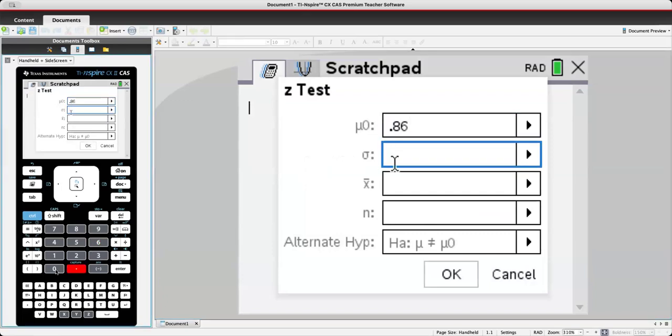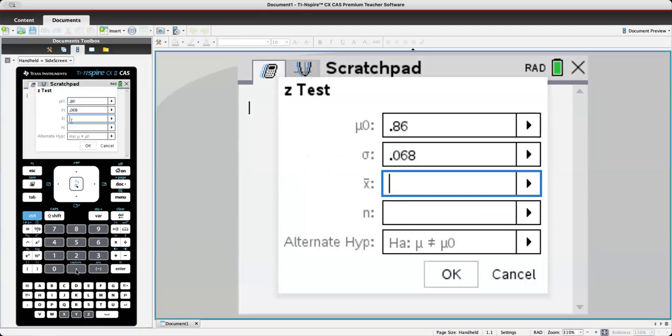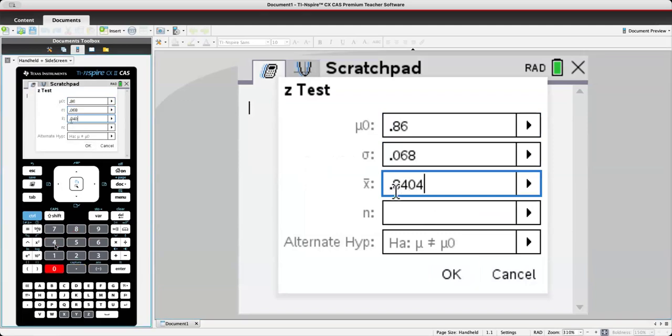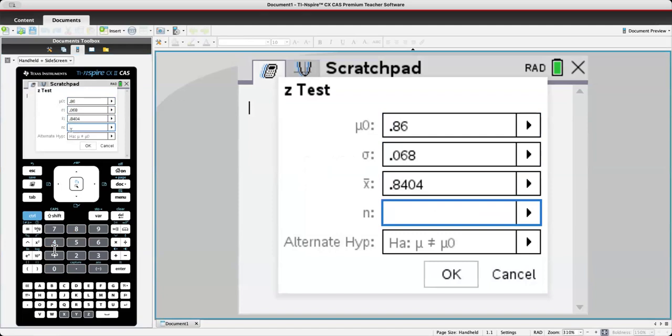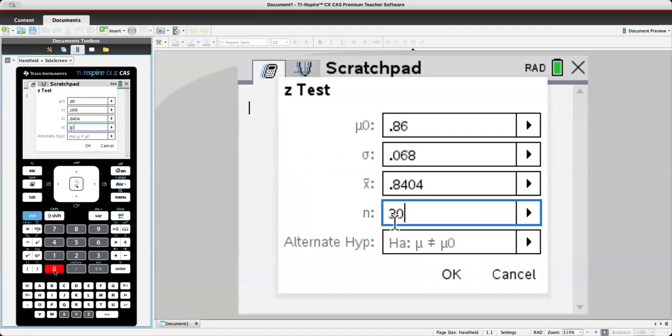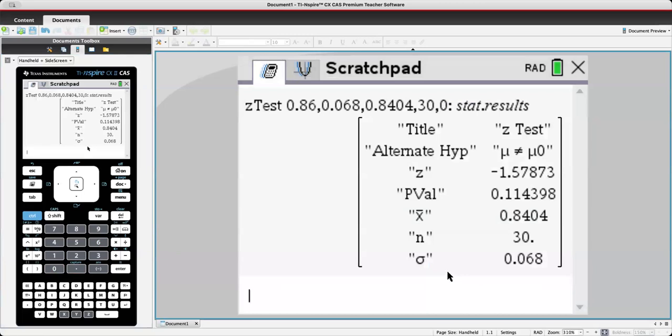Sigma was 0.068. x bar was 0.8404. And n was 30. And I'm going to leave this as the default because it was a two-sided test, checking to see if it's not equal to. All right, so I'm going to hit OK.